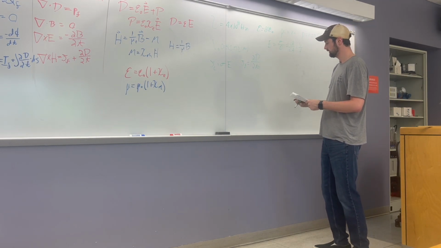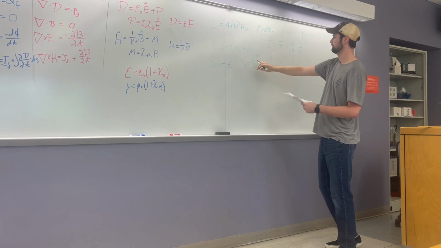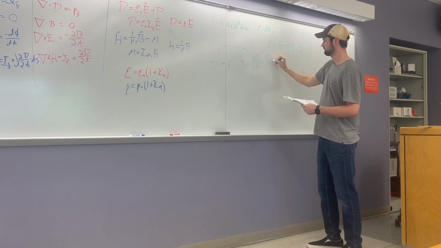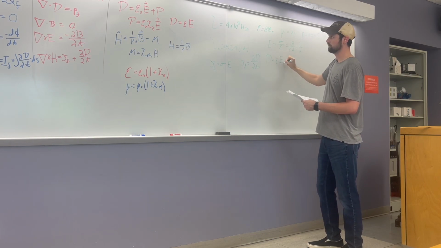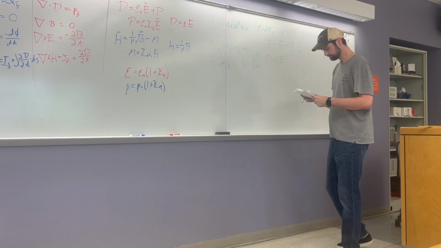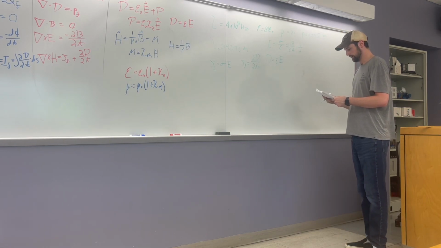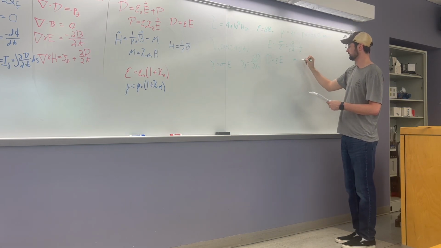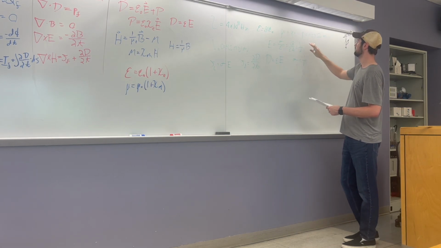So we know that D, which is in our displacement current, is equal to epsilon times E, as we discussed over here. And sigma, or the conductivity, is equal to 1 divided by the resistivity, rho.